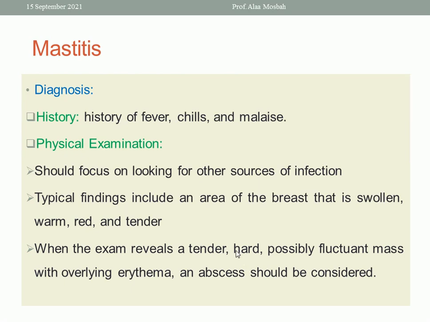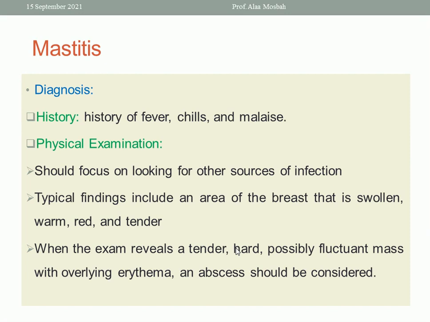The diagnosis of mastitis is by history and physical examination. By history, there is fever, chills, malaise, and pain at the breast. On physical examination, you should search for other sources of infection.